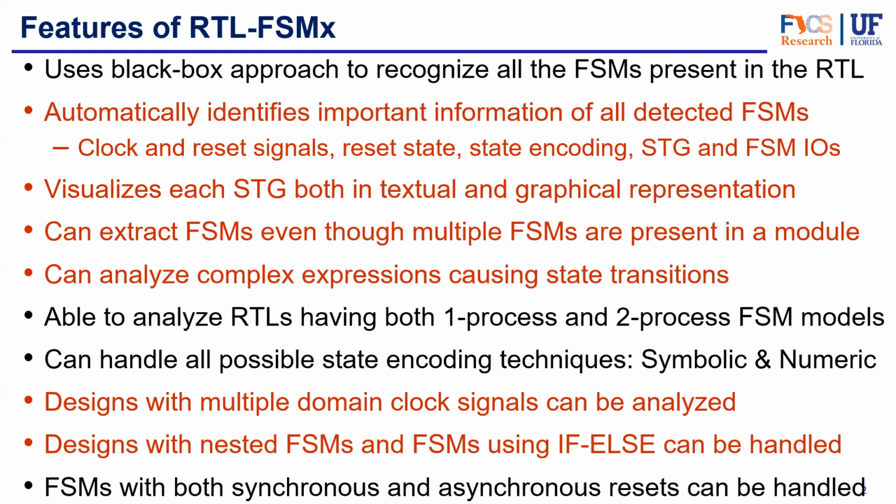RTL-FSMx also visualizes each detected state transition graph in both text and graph representation. So it makes post-processing very simple for you to analyze the state transition graph to perform any sort of verification or other security-related tasks.